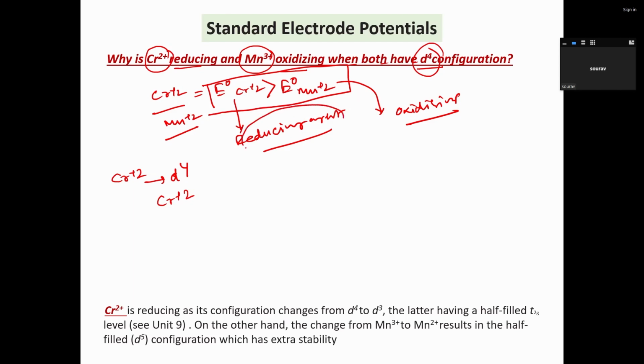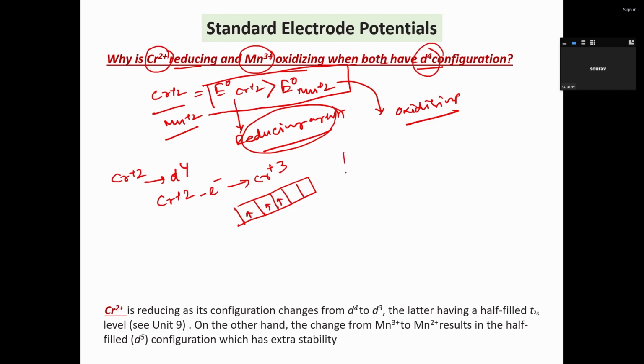So it is acting as the reducing agent. When it is reducing another, then it will be oxidized. When it is oxidized, one electron will be removed and it will become chromium plus 3. Then the chromium plus 3 has the electronic configuration, you can see that, with 3 electrons.